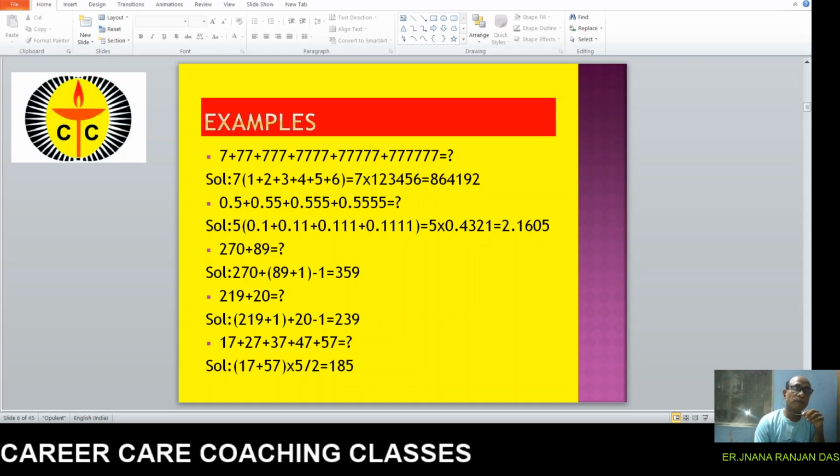Another type of problem is 17, 27, 37, 47, 57. The common difference is the same, that is 10.